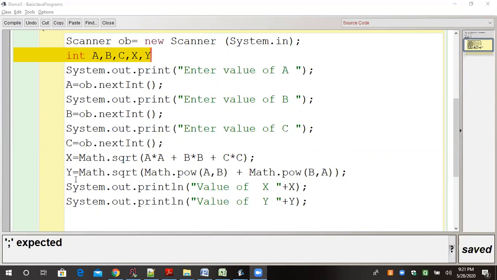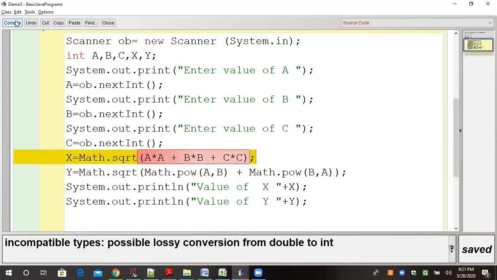Expected means semicolon must be there at the last. Okay. Now, again compiling. Oh, what is the problem there? The big problem is there. Can you please tell me what exactly the problem is?